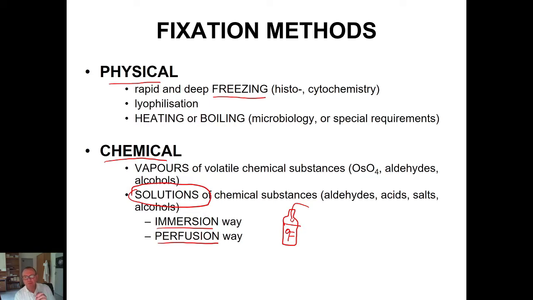So we have to find a vessel which is going into our specimen, either a vein or an artery, more frequently an artery probably, and we very slowly and gently perfuse the specimen with the fixative solution.